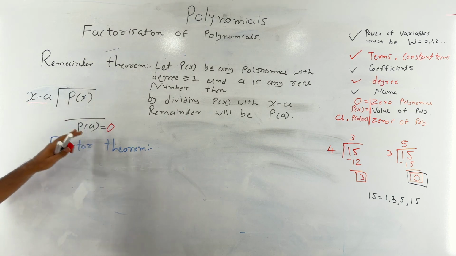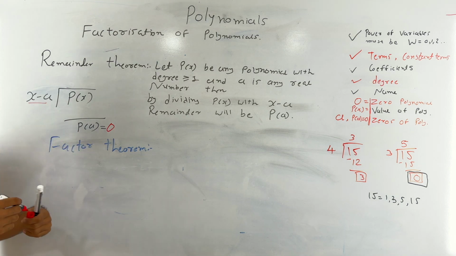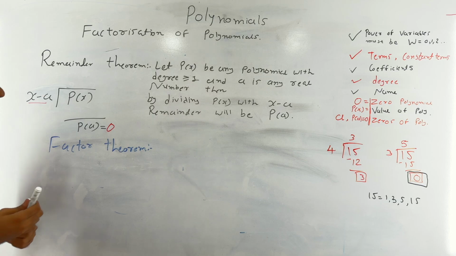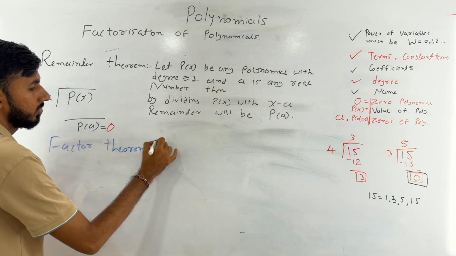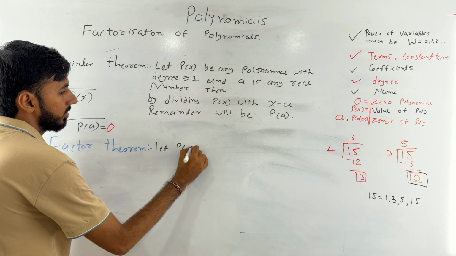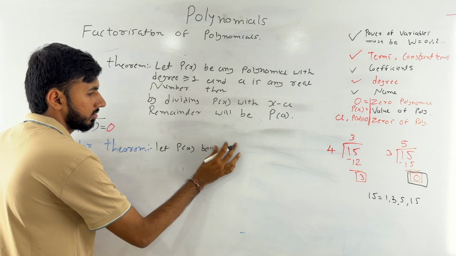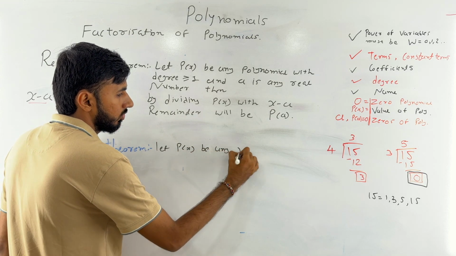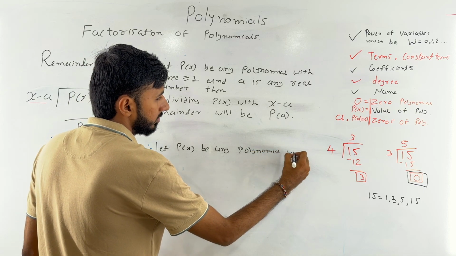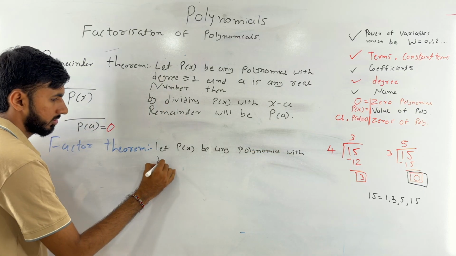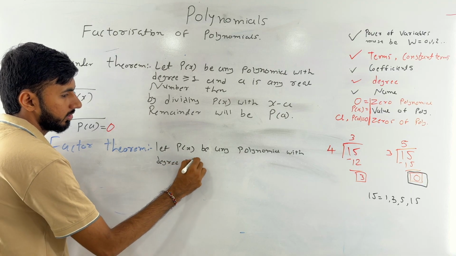So in the same way, this is the factor theorem, right? If you write the statement of the factor theorem: let p(x) be any polynomial with degree greater than or equal to 1.